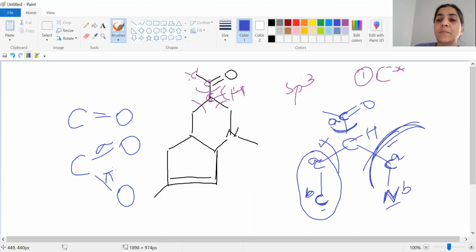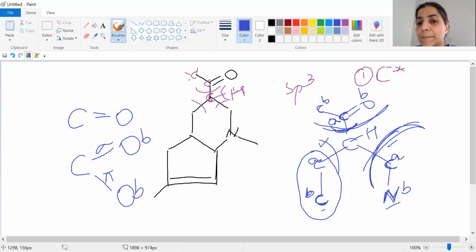The sigma and the pi are considered as 2 bonds, and hence this group where the atom B is oxygen, and not one oxygen, there are 2 oxygens. And of course, this carbon right here is also the B atom. So on this carbon atom A, there are 2 oxygens and 1 carbon.